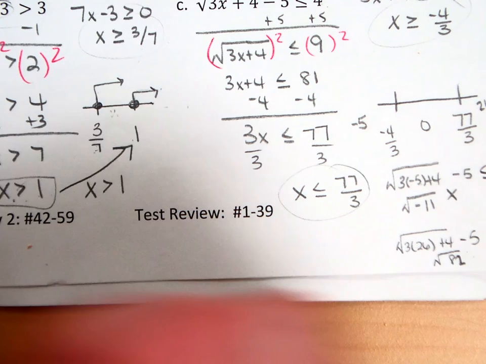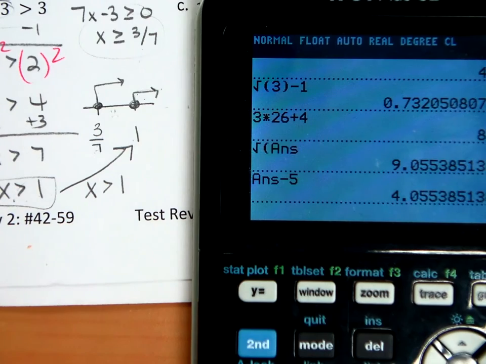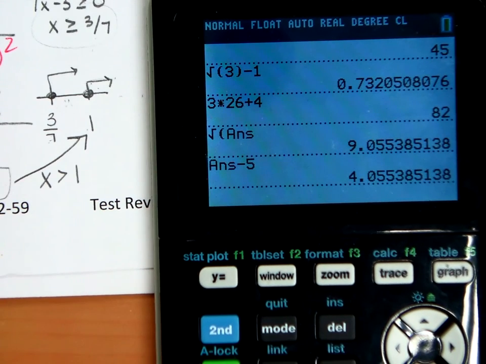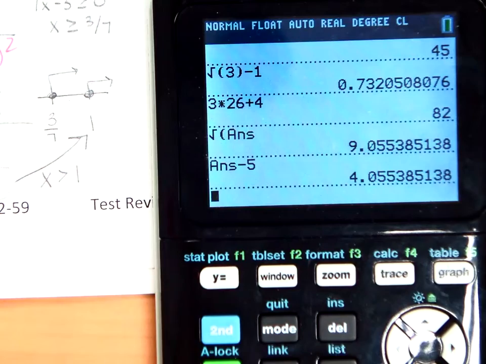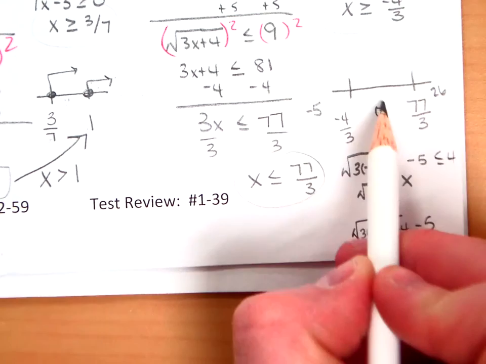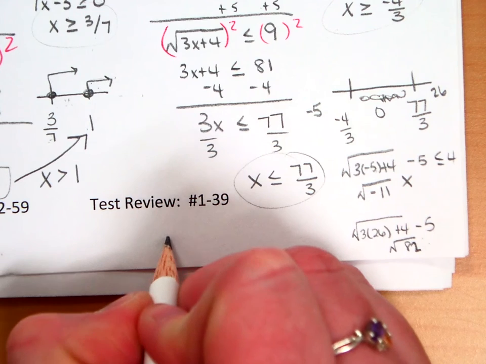Now it's not much bigger, but if you take the square root of that, and then you subtract 5, you get 4.05. It's not much bigger, but it's bigger than 4, so that doesn't work. So that's why your answer is this area here with the 0.